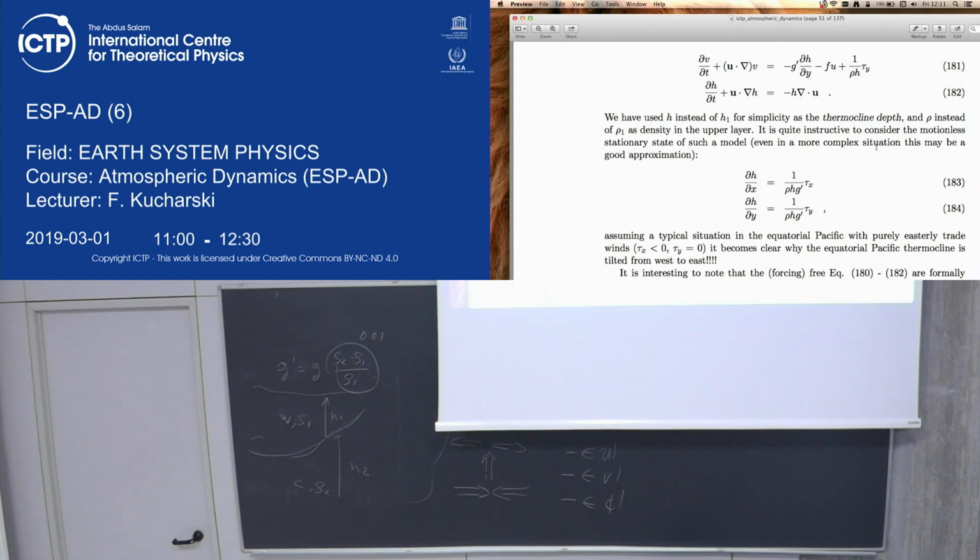You will do this in an exercise actually, to integrate this equation, to see if we can reproduce the numbers more or less. Thermocline in the Western Pacific 150 meters, thermocline in the Eastern Pacific maybe less than 80 meters. Can we reproduce these numbers given some realistic wind stress assumptions?